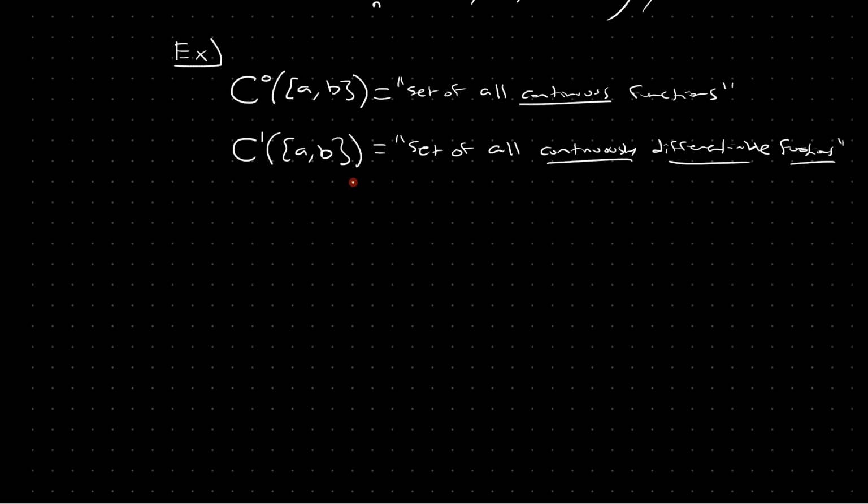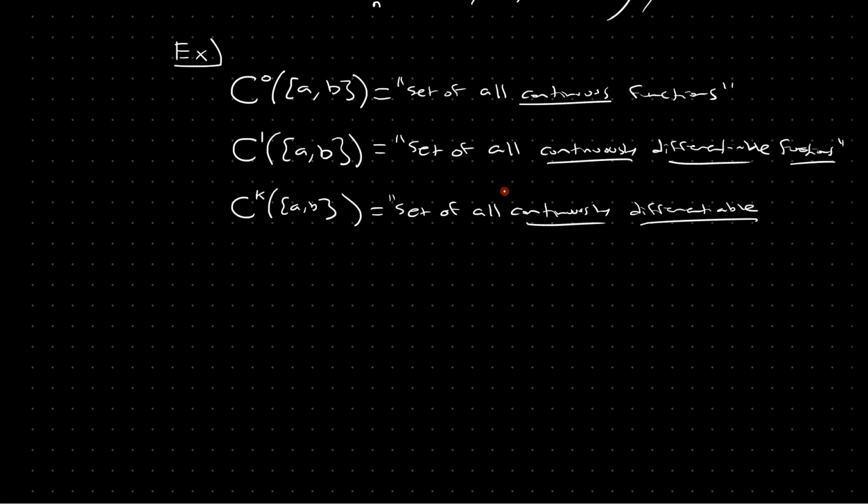In fact, more generally, we can say the set C^k on the interval from a to b, where C^k is the set of all, I guess I should say, kth continuously differentiable functions.